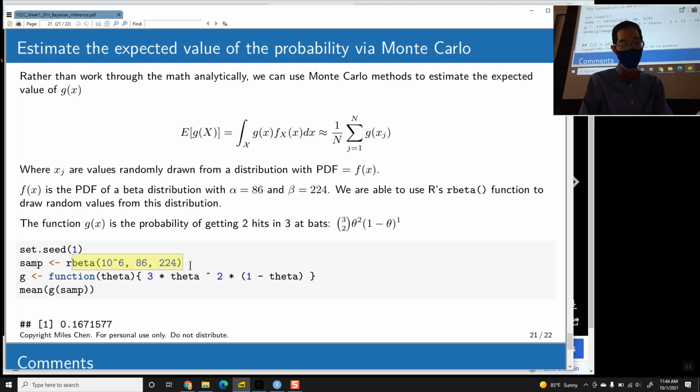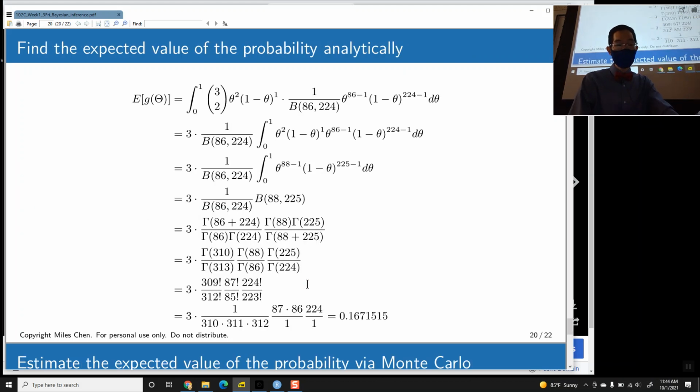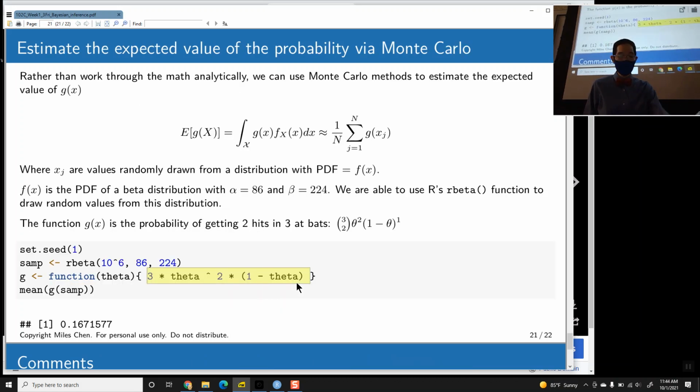We would use the same sample, or we could generate a new one, and I would just change this to whatever 4 hits out of 10 at-bats is. Whereas taking the analytic approach, that's going to be a lot more work, right? So it's very easy to just change things up. Write a new function, plug it in, take the mean, okay?